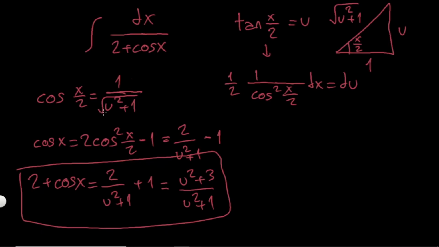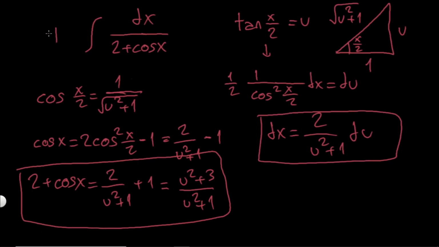Cosine squared x over 2 is going to be 1 over u squared plus 1, so u squared plus 1 is going to be in the denominator here. So I'm just going to divide by that and multiply both sides by 2. So dx is going to be 2 over u squared plus 1 du.